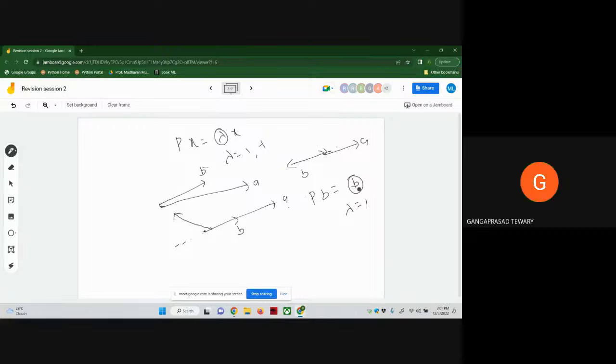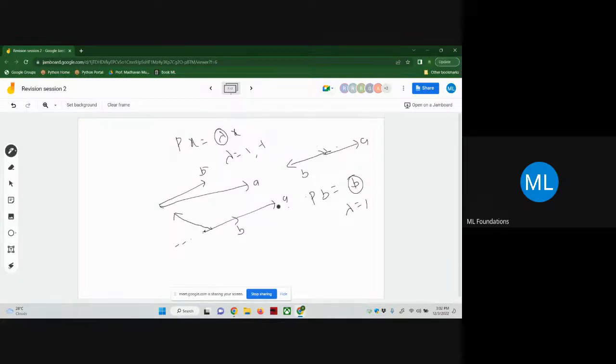My point is that the phrase which we are using, that the original vector should not change its direction, right? So here it is changing its direction. So for a projection matrix to have an eigenvector, that vector should be parallel to the projection.